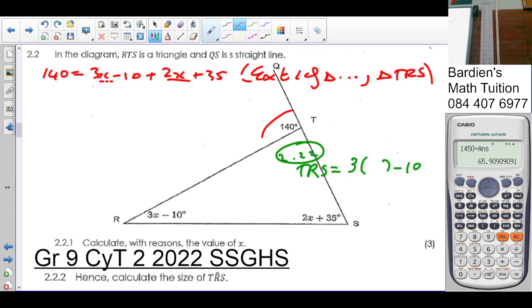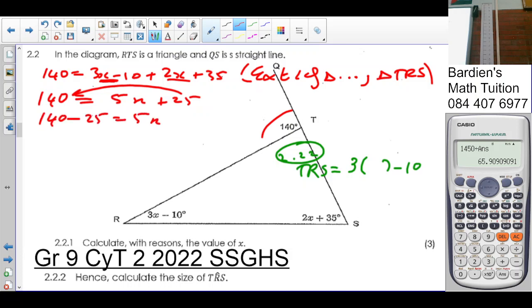So that's going to give you 5x plus 25 equals 140. Take it over. 140 minus 25 is 5x, because negative 10 plus 35 is 25. So that's going to give you 115. Divide by 5.